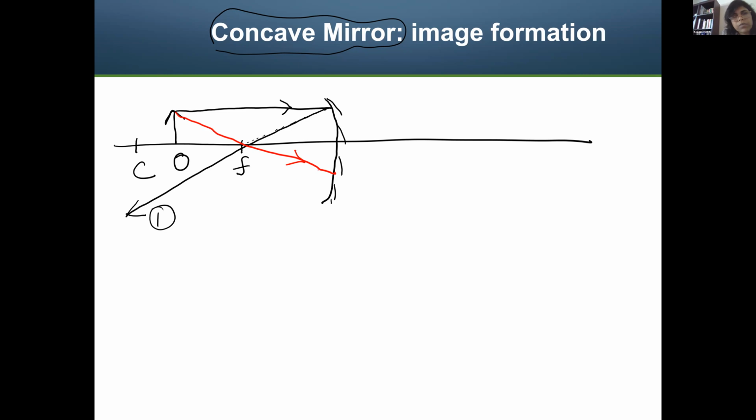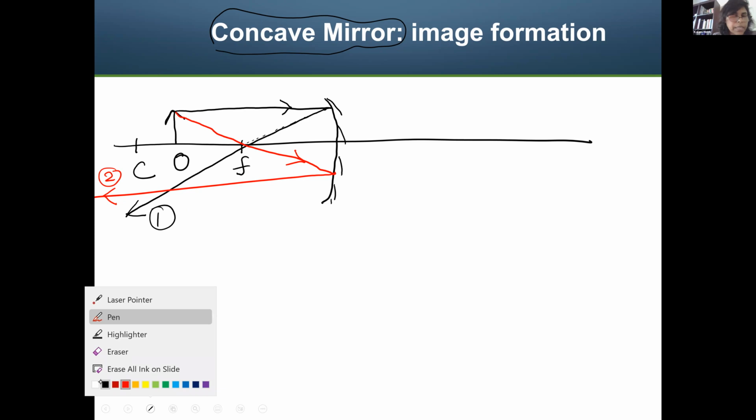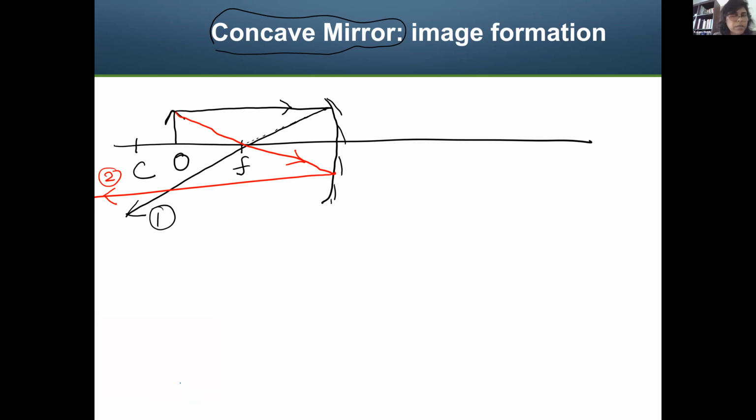It is not easy for me to draw it here. Okay, so then this light will go parallel to the axis. That is the second one. Because of my bad drawing, you will get different places. But if you use a ruler and a protractor, it will give you the exact theoretical answer. Okay, that is my second one, right?